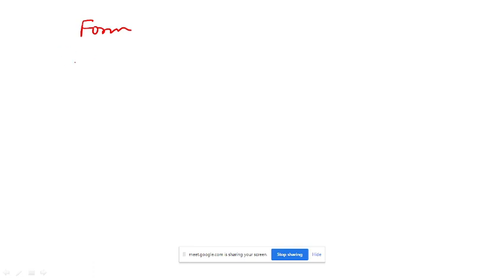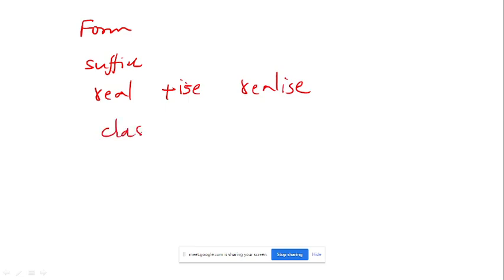For example, suffixes are helpful in this way. For example, real, we attach IZE and we make it realize. Classify. So even with this second test, you can understand whether the word's class is verb or not.